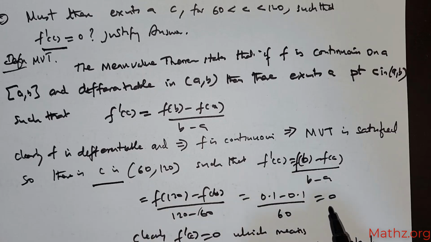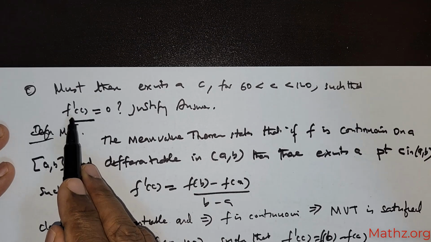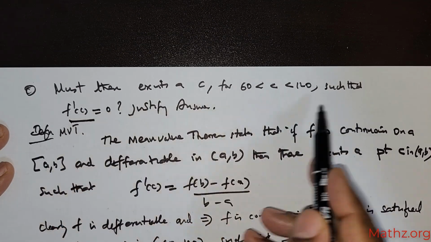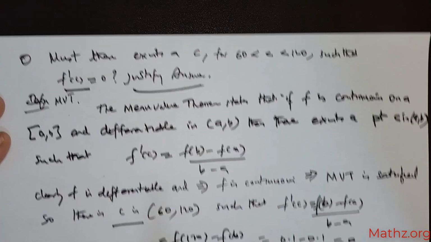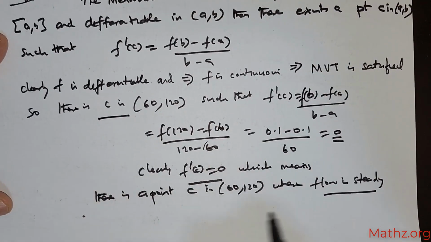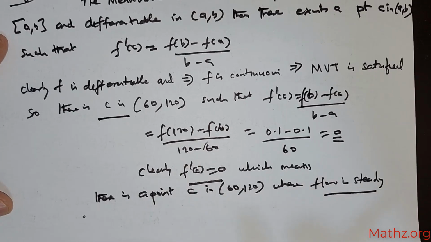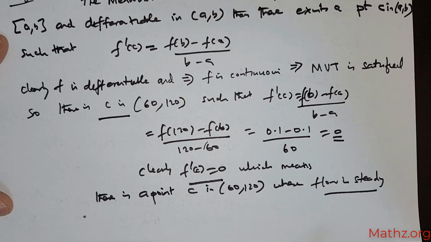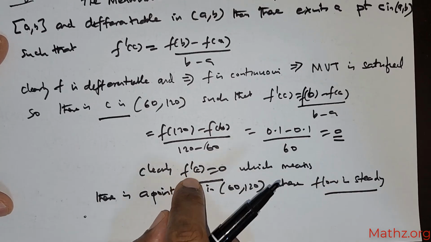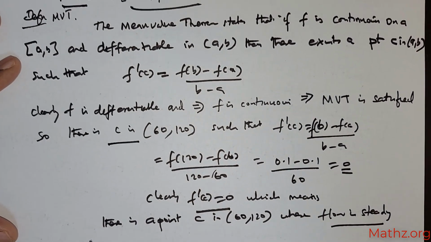But when you substitute, you get 0. This is the requirement, but you can still go a step further. You can just say that the flow is steady, because of this particular fact, and that is what fluid dynamics engineers require.